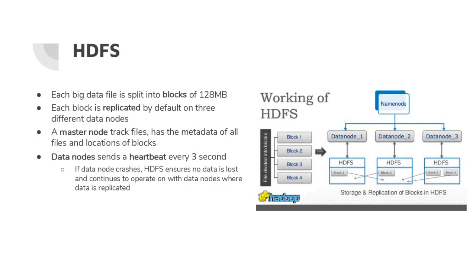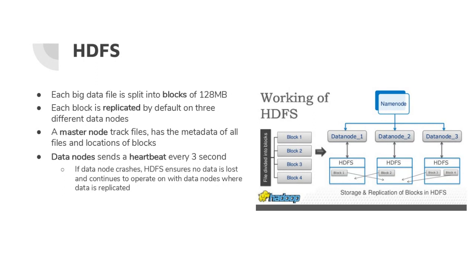You have several servers, which are called data nodes, and each data node contains a block of data. And so usually every block is replicated on 3 different servers. So that means if one server crashes or one hard disk crashes, you still have a copy on 2 other servers.